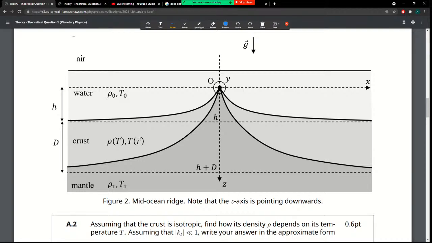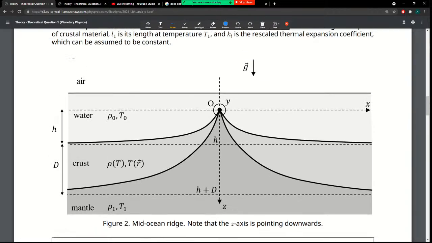Okay. That makes sense. To high accuracy, such a ridge can be modeled as a two-dimensional system without any variation of the variables along the y-axis. What is the y-axis? Okay, the direction outside the plane, which is perpendicular to the plane of figure 2.